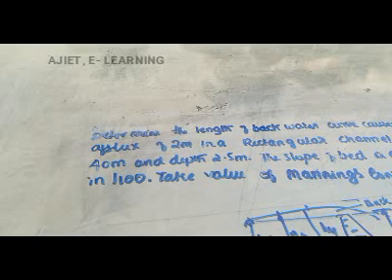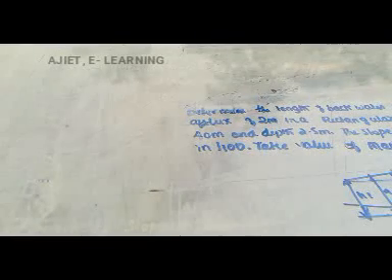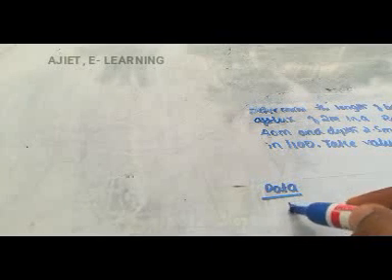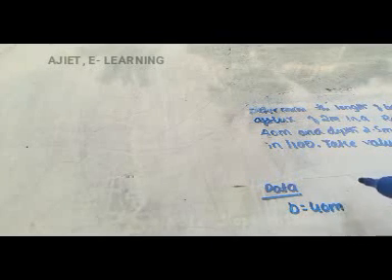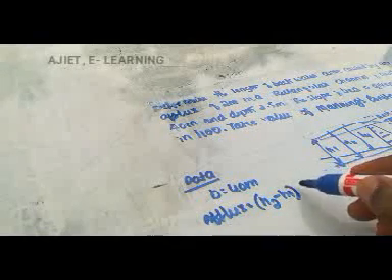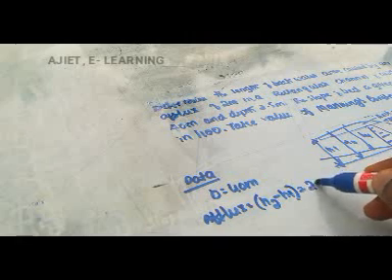First, the width of the channel is given, b is equal to 40 meter. And the afflux is also given. I said the difference between the minimum height and maximum height is called afflux. We can write it as h2 minus h1, and that value is given as 2 meter.